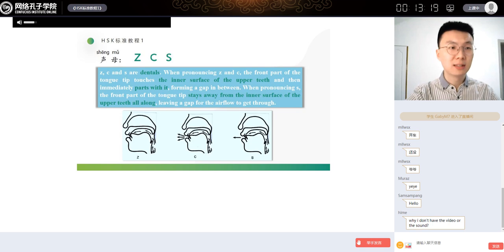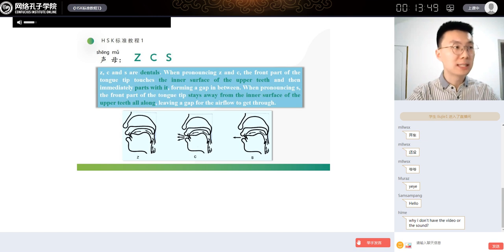Okay, let's look at these three. 思 is also one of the difficulties for you in learning. 滋 and 思 are dentals. When pronouncing 滋 and 吃, the front part of the tongue tip touches the inner surface of the upper teeth and then immediately passes with it, forming a gap in between.